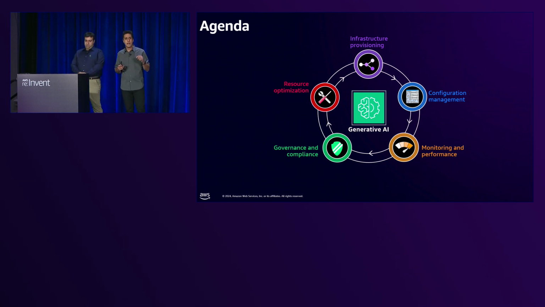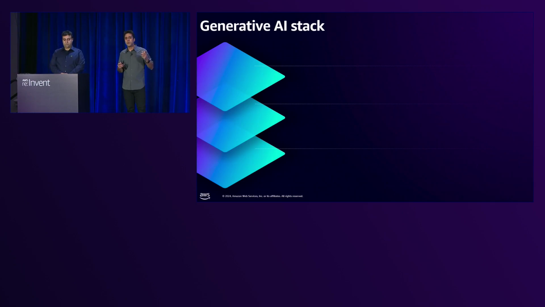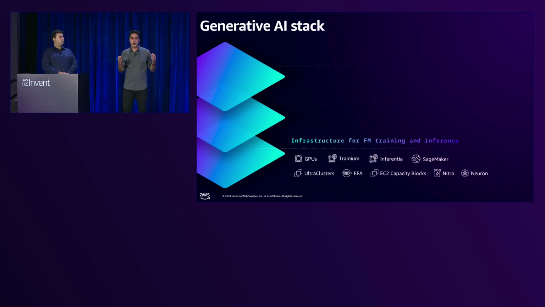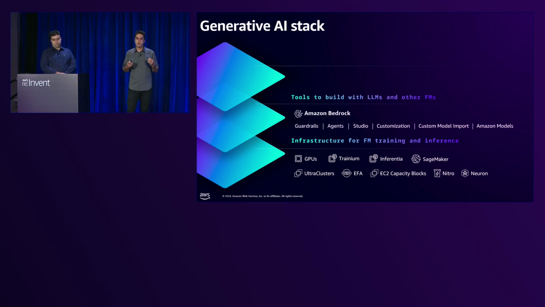But before we start, let's take a quick look at what the generative AI stack on AWS looks like. For people who want to build and train their own models, at the bottom of the stack, we provide different hardware, software, and platform to build and train those models. Higher in the stack is Amazon Bedrock, which gives you access to leading foundation models without needing to build them yourself.